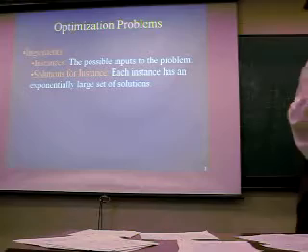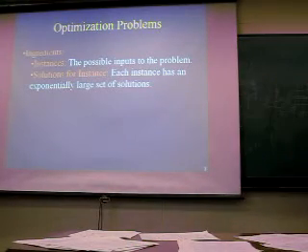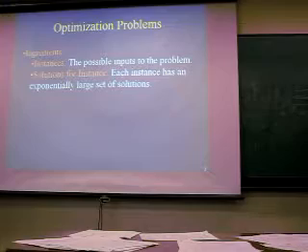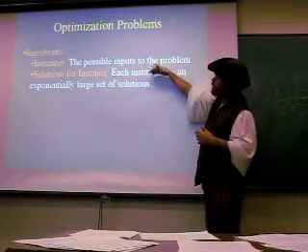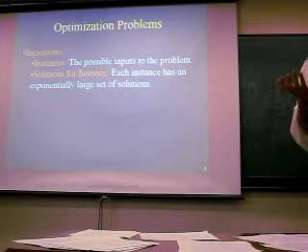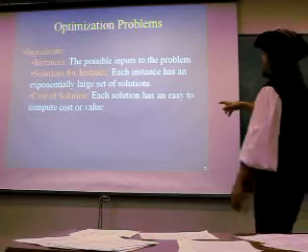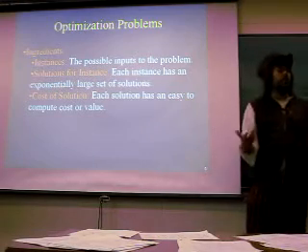We specify a problem by saying what the possible inputs are, and for each input, there's going to be this exponentially large set of possible solutions, right? And for each solution, there's an easy to compute cost, right?